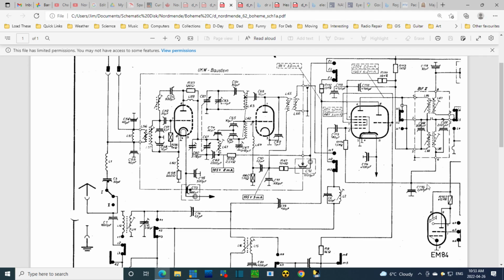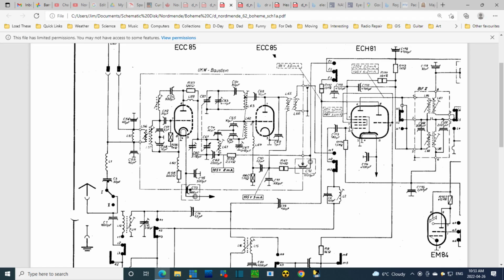So just following the AVC now. We know this line is the same as this connection, through a large 1.5 megohm resistor right onto the grid of this tube. Let's see if we can follow it any further. That looks like that's the end of the road.